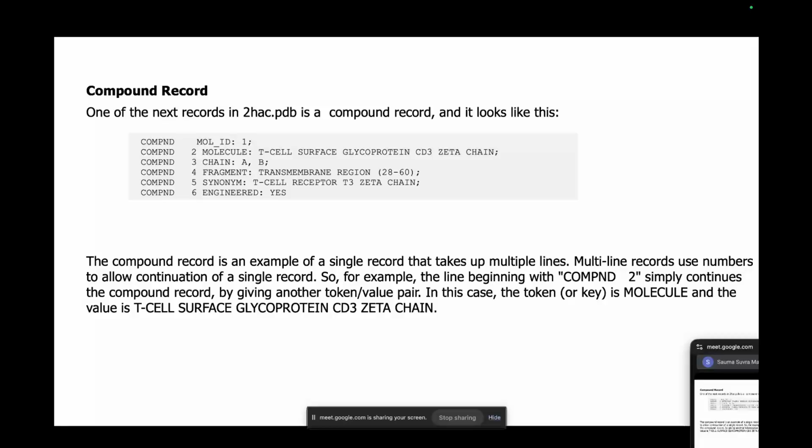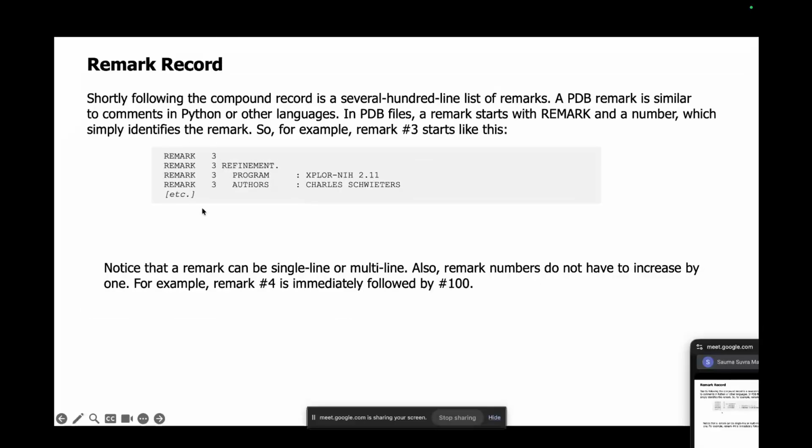First you have the header, then you have the compound record, which describes the compound in different lines, and the line numbers are given in here: 1, 2, 3, 4, 5, 6, like that. Then comes the remark record. It can have hundreds of remarks. It's similar to how we remark in a code file in R or Python or any other coding language.